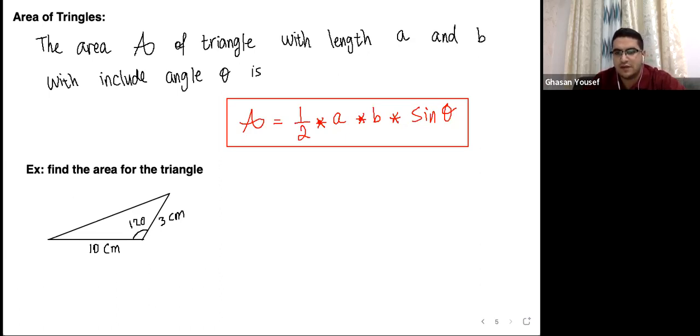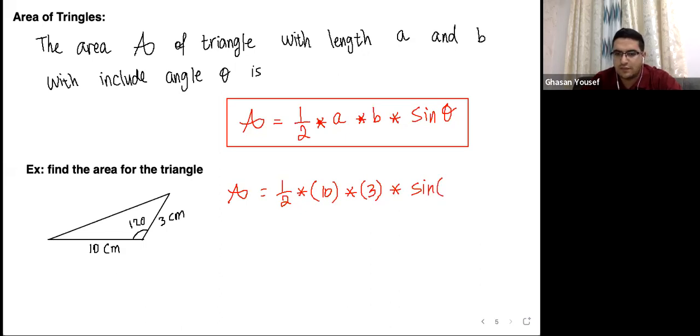So as I know the formula for the area, it's equal to 1/2 times A. The first side is 10 centimeters, 10, times the second one, whose length is 3, times the sine of the angle.